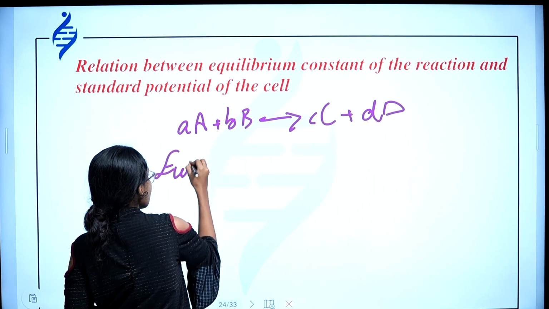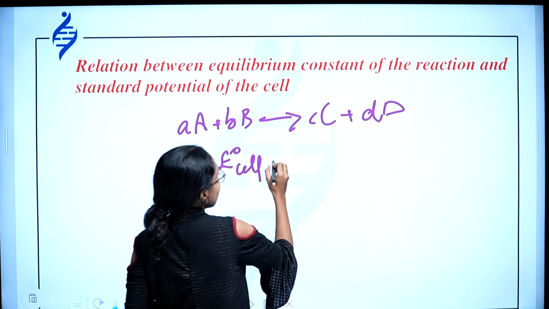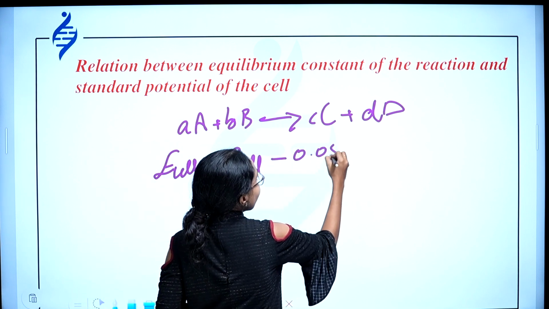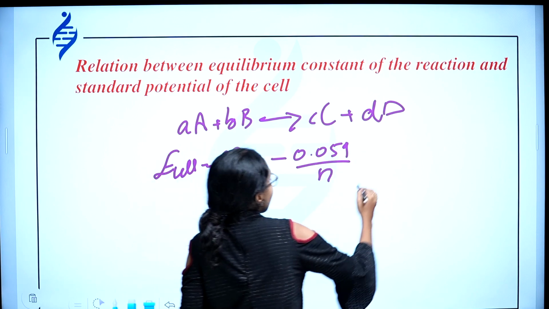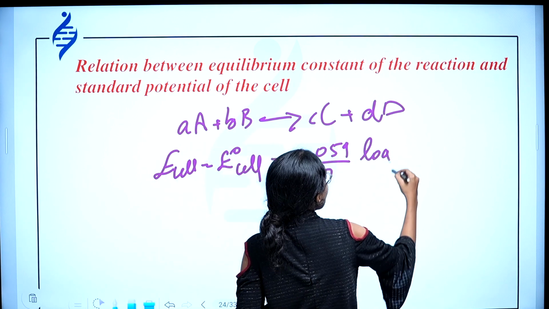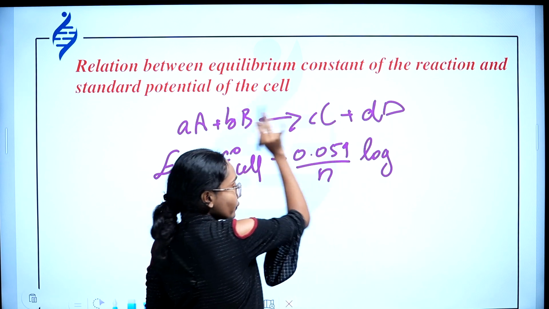E cell equals E naught cell minus 0.059 by n log of the concentration of products divided by the concentration of reactants.